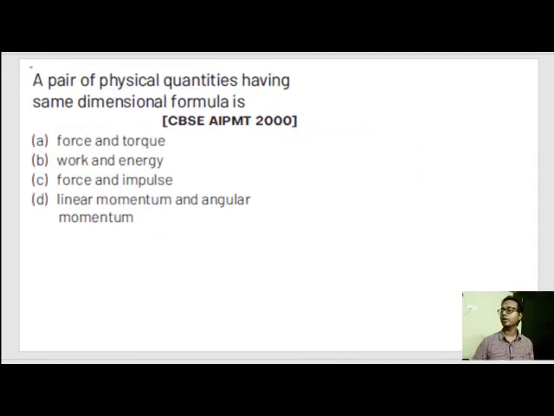Now, a physical quantity having the same dimensional formula: wherever you find work and energy, they have the same dimensional formula. Energy is nothing but the capacity to do work.